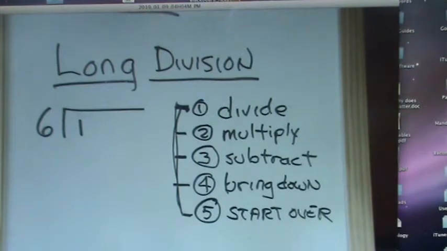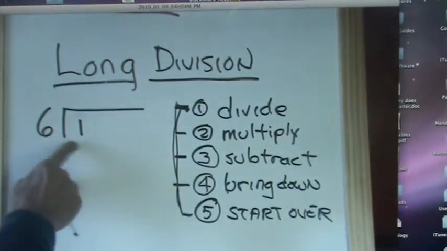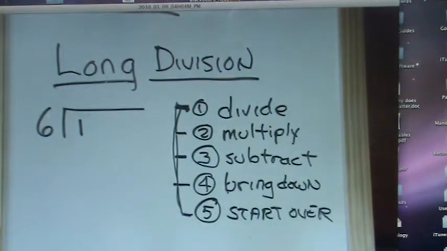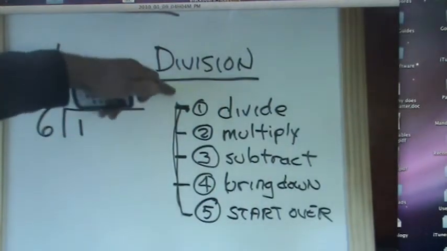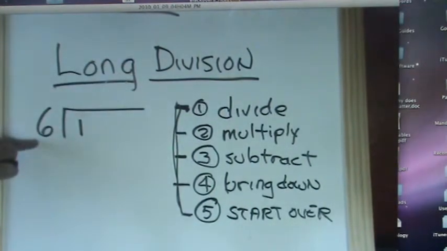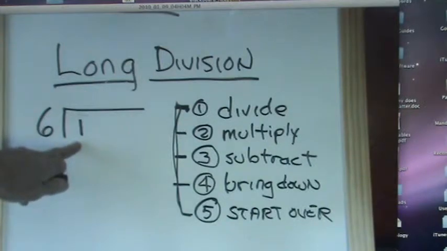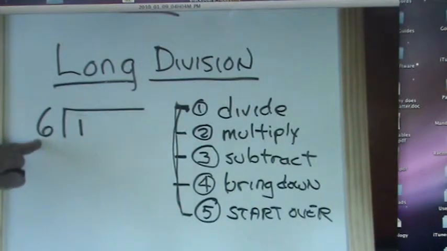Well, here's an interesting problem. I have to divide the number 6 into the number 1. Well, the first step is to divide, but 6 cannot go into the number 1, because 6 is way bigger than the number 1.